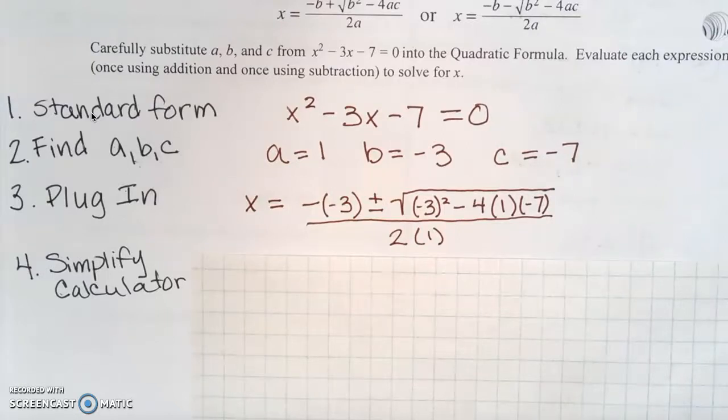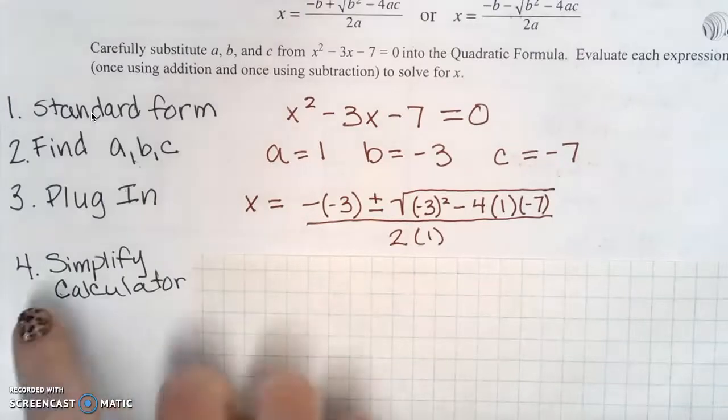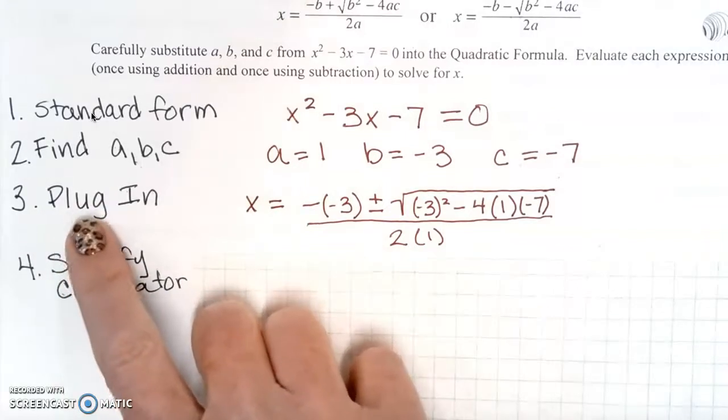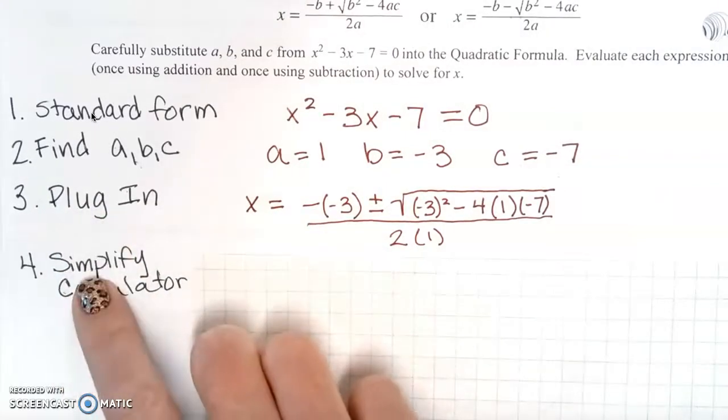That way, if you mess up later on, you can come back to this step and make sure you plugged it all in correctly. Okay? It's not that it's hard, it's just that there's several steps. And you want to make sure that you can see it written out completely. Okay? Then you're going to simplify. After you've plugged everything in, okay, then you're going to simplify.